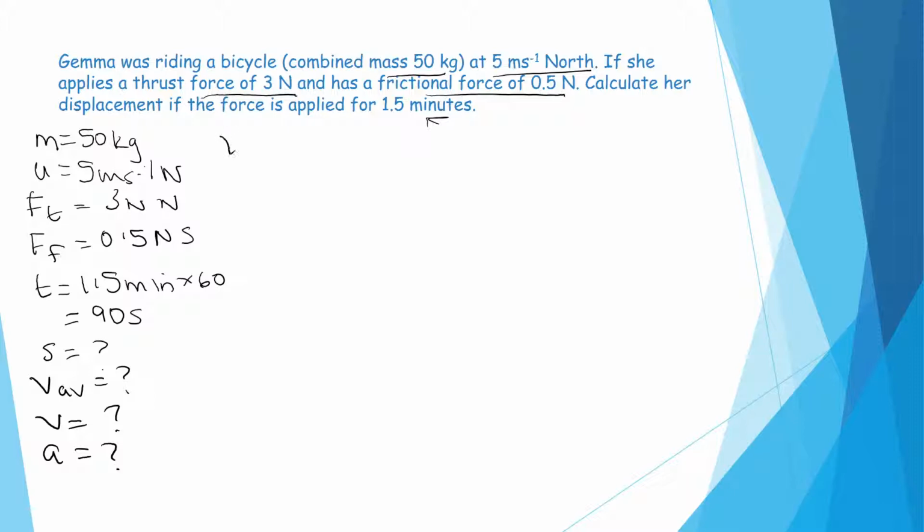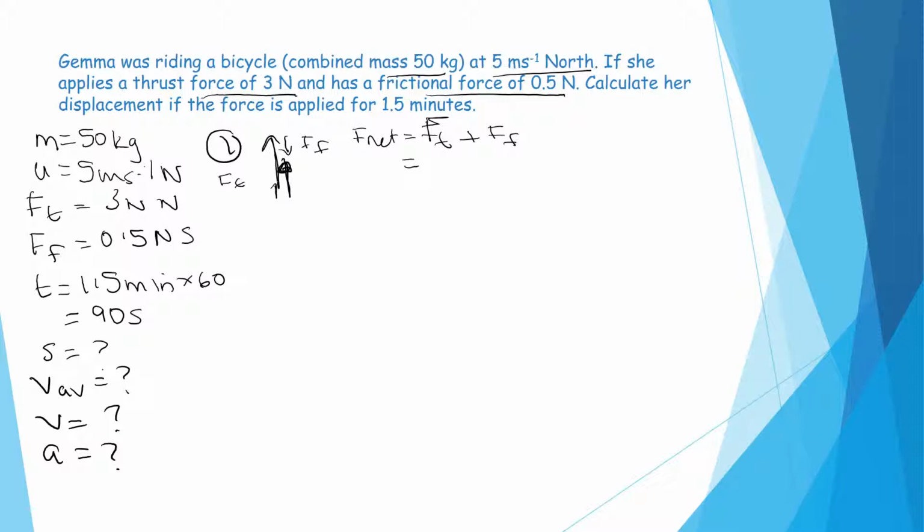So step number 1, I'm going to find the net force. Now I know that I had a force of thrust, which was 3 newtons north. I have a force of friction, which is 0.5 newtons south. So I need to find the resultant force. So force net is equal to the force of thrust, add the force of friction.